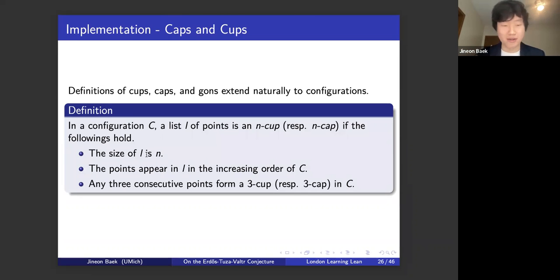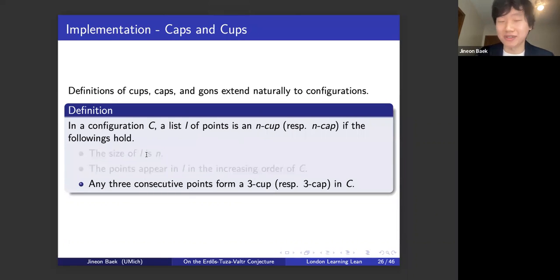And finally, and maybe most importantly, any 3 consecutive points in this list form a 3-cup in this configuration. So you can see that if this configuration C really comes from actual points, then it does form the cup that we just described before. And it turns out that the last one actually needed quite a bit of work to make it work.